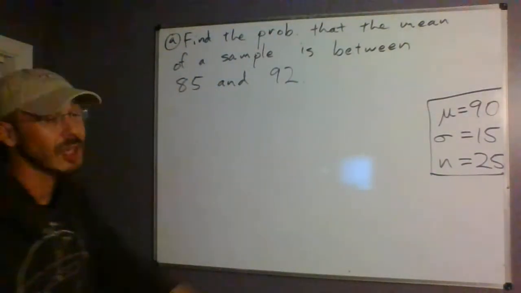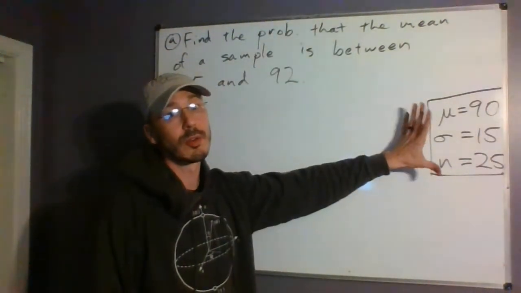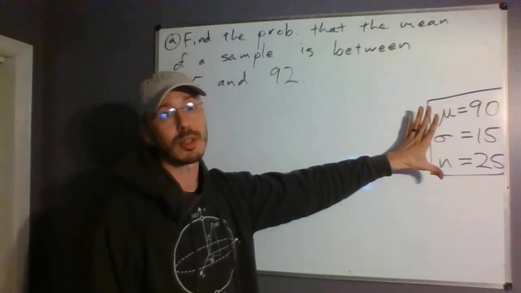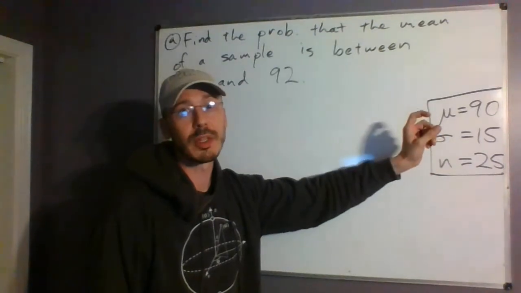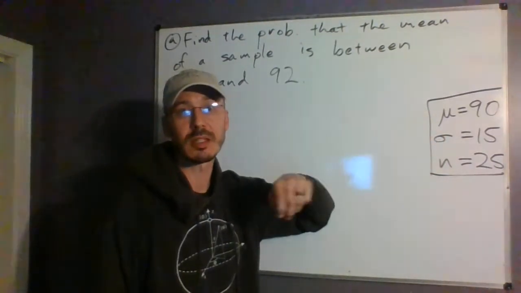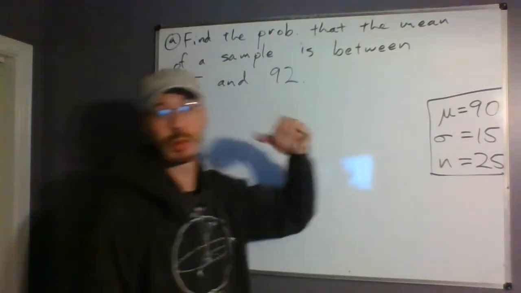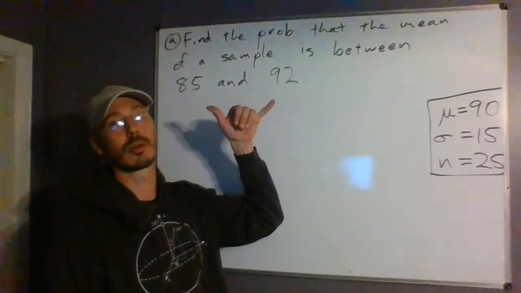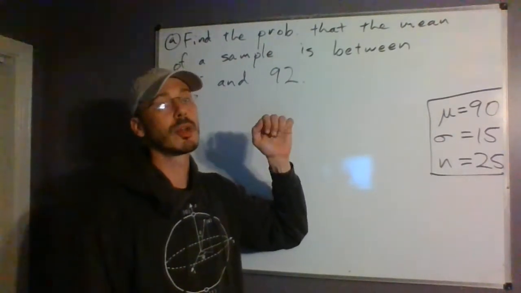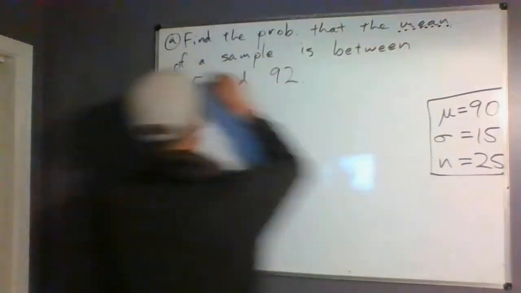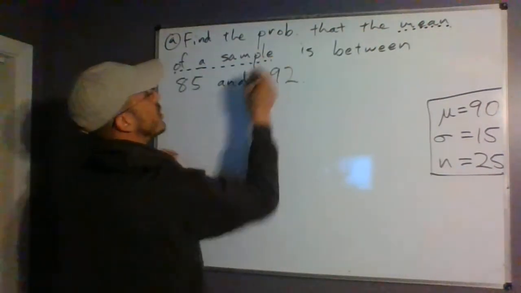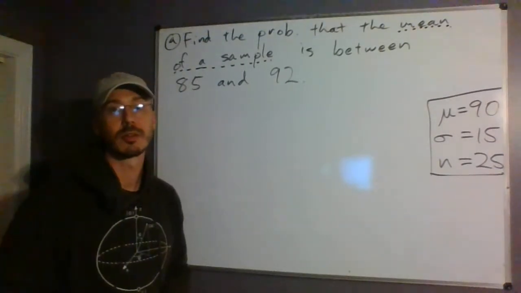All right, so I took down my information from the introduction of the problem. Here, though, I'm not looking at the probability that a randomly selected individual is between 85 and 92. I'm looking at the probability that the mean of a sample is between those values.